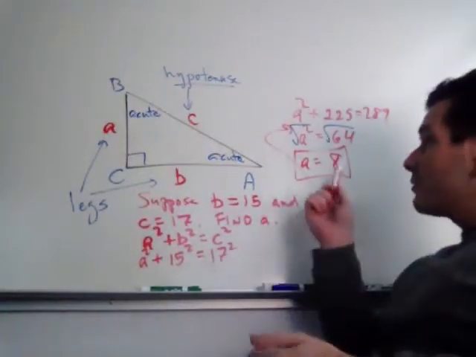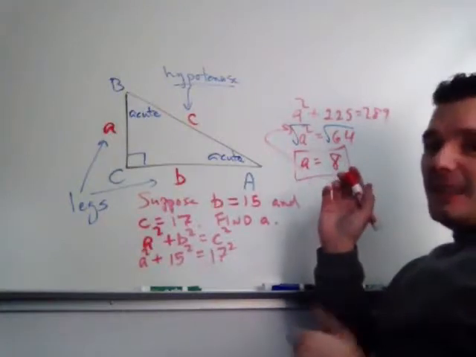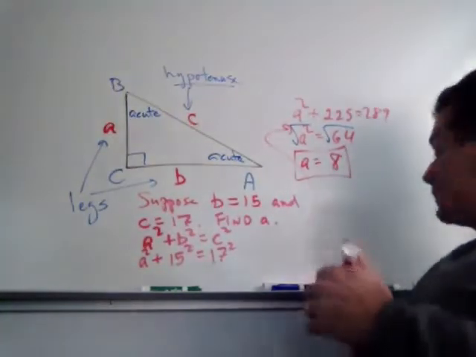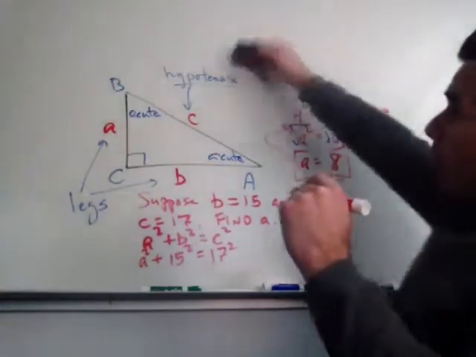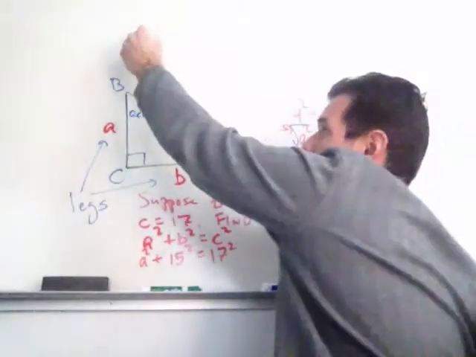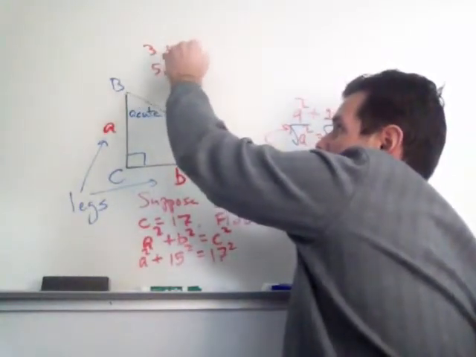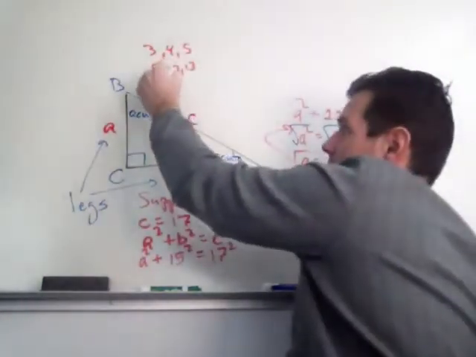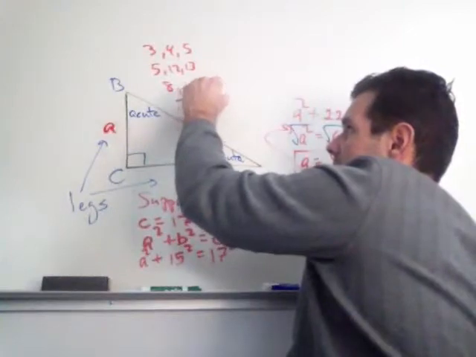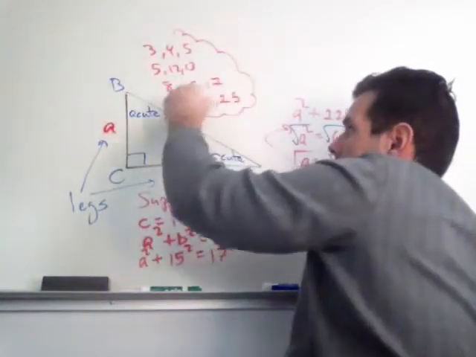Right? And this is actually one of the famous Pythagorean triples, 8, 15, 17. If you remember what they are, they can save you a little bit of work. The Pythagorean triples that generally show up in problems are usually ones like 3, 4, 5, 5, 12, 13, this one here, which is 8, 15, 17, and then 7, 24, 25.